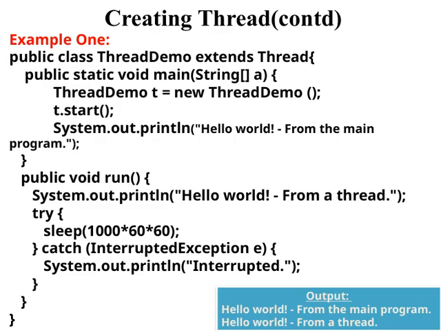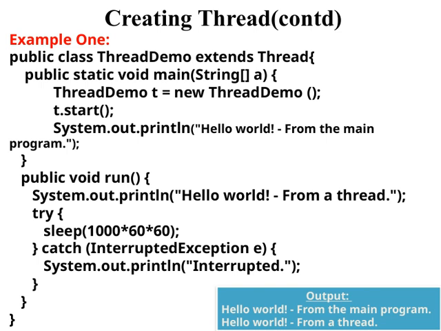It's important to note that after starting the thread, the main program continues immediately and prints its own message. So the output shows both messages. First, the main program's message, and then the thread's message. This demonstrates how threads enable concurrent execution, multiple things happening at the same time.